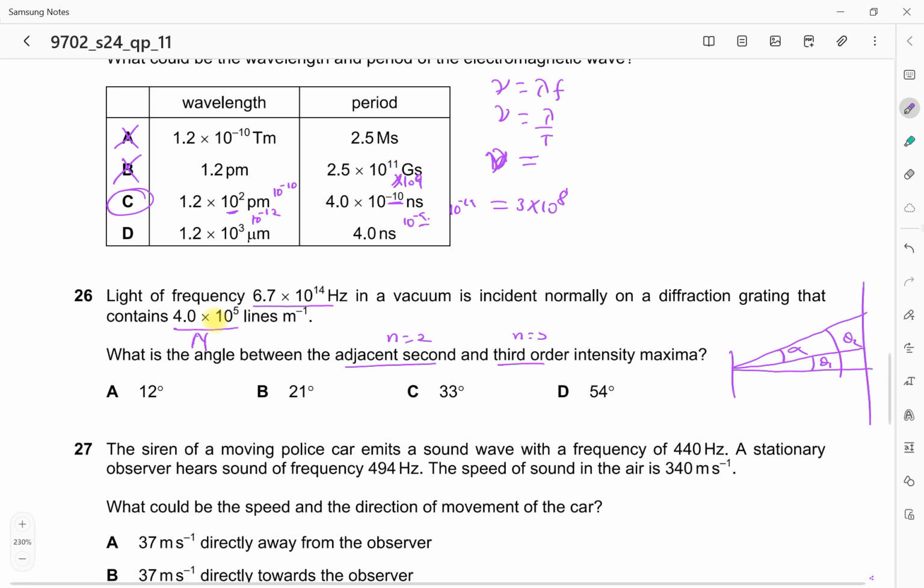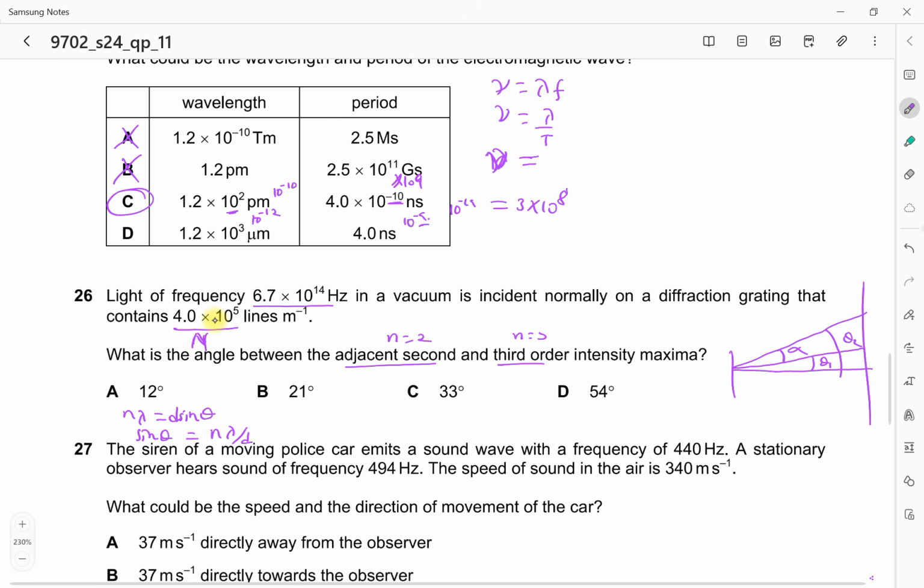So this is n, remember? For a diffraction grating, we know that small n times wavelength is equal to d sine theta, and of course we know that d is 1 over capital N. So sine theta is equal to n lambda divided by d.